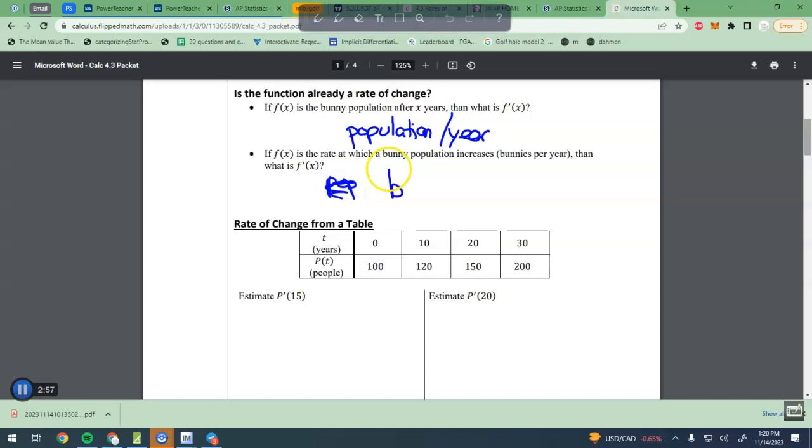Bunnies per year squared, or population per year squared. The per year squared is the part I'm worried about. Those two okay?